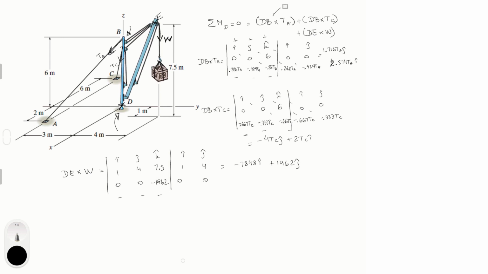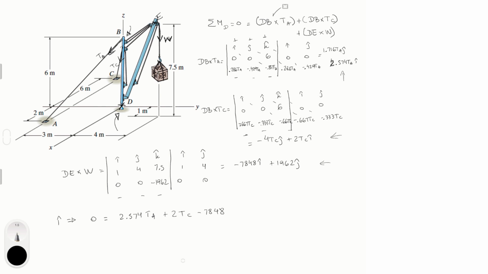Now we have to add the I's, the J's, and the K's, and we know that the sum of them should cancel out and equal 0. So in the I, we know that 0 is equal to 2.574 TA from the first one, plus 2 TC, minus 7848.